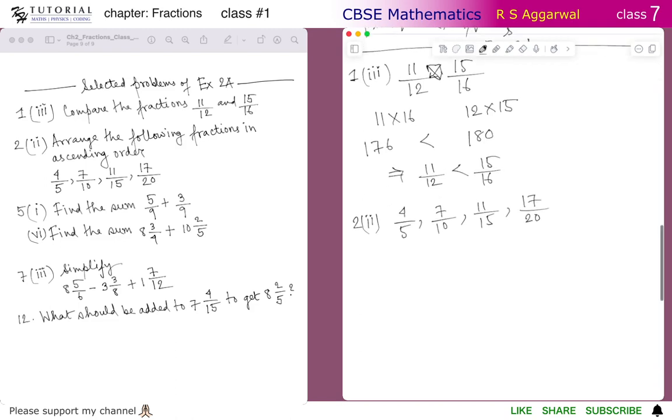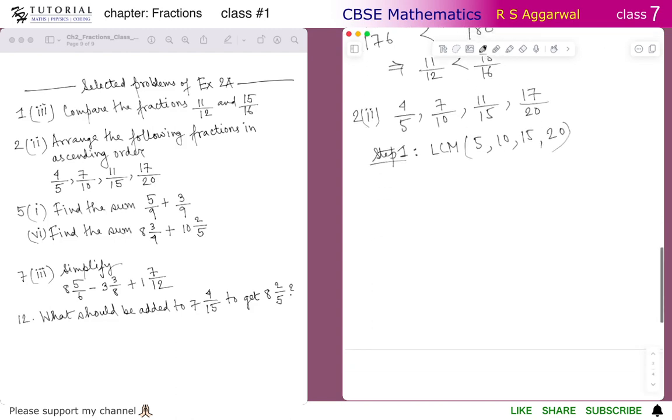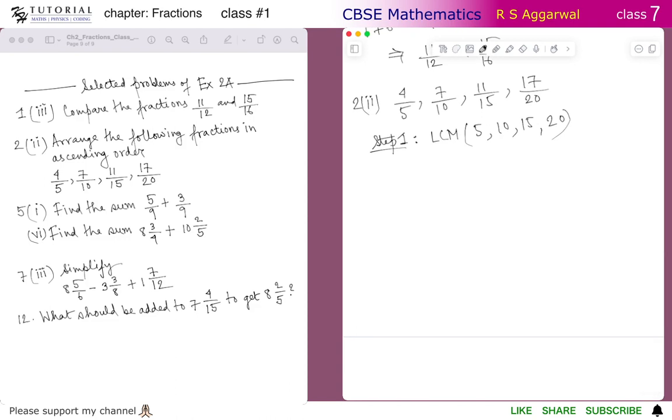If you recall, the first step will be to find the LCM of the denominators of the given fractions, which is the LCM of 5, 10, 15 and 20. So if we quickly find the LCM, we have 5, 10, 15, 20.